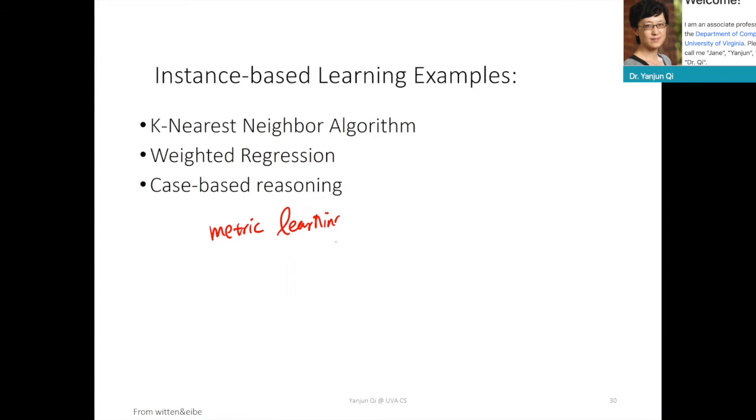Or maybe deep metric learning. DNN-based metric learning. So there's basic metric learning, and there's also deep neural network-based metric learning. You can think of it as really trying to learn really good similarity functions, or distance functions, based on data.